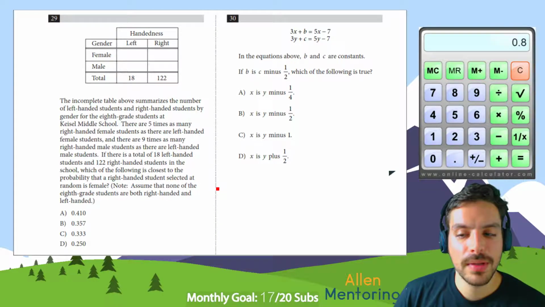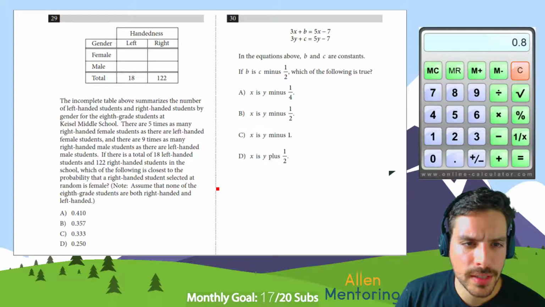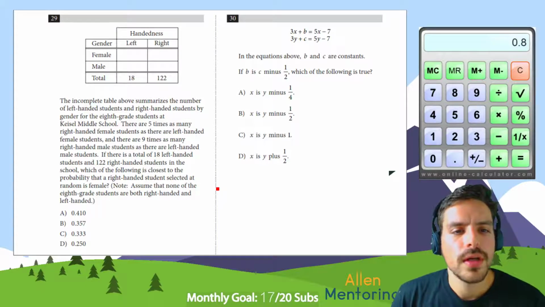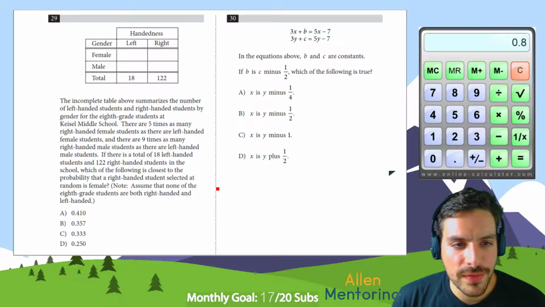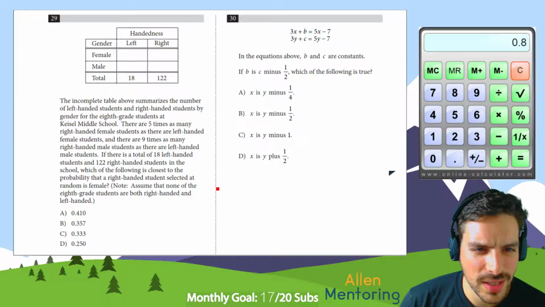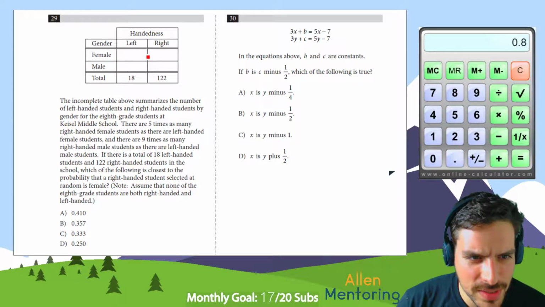All right, 29. The incomplete table above summarizes the number of left-handed students and right-handed students by gender for 8th grade students at Kaisla Middle School. There are 5 times as many right-handed female students as there are left-handed female students. Okay, so that's times 5.